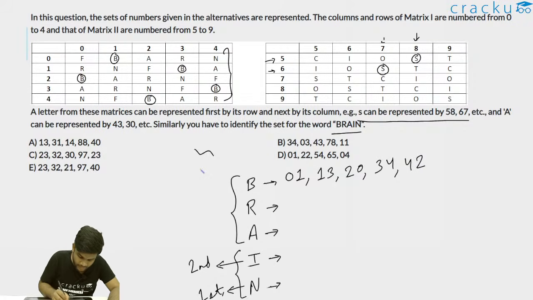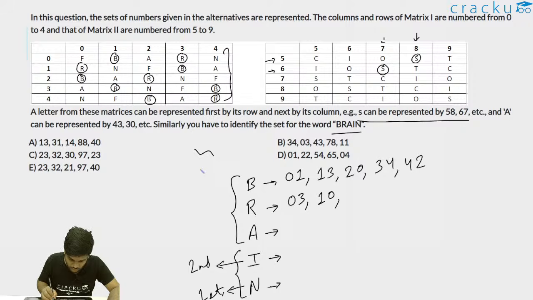Similarly for R, R is here, here, here, here and here. So R can be written as 0, 3, 1, 0, 2, 2 and then 3, 1 and then 4, 4.